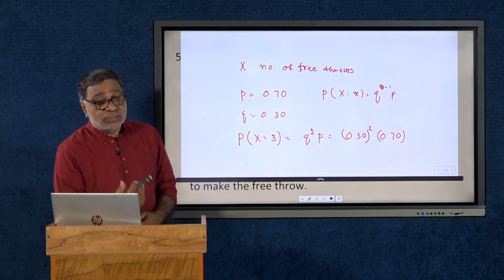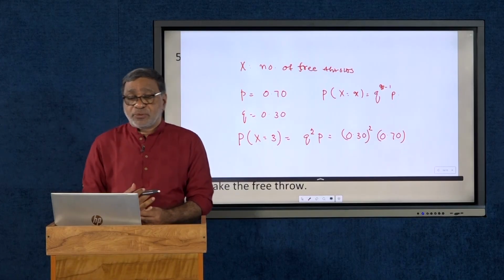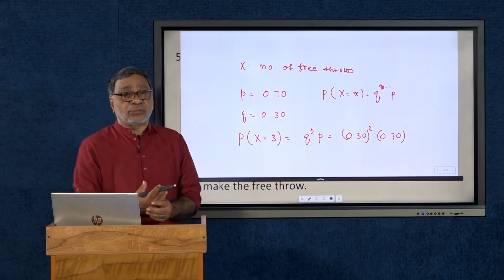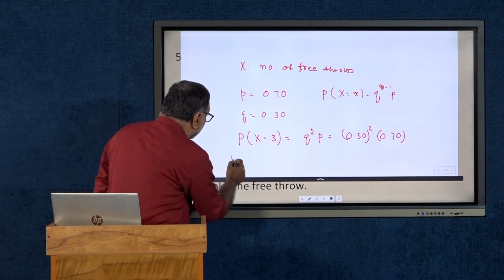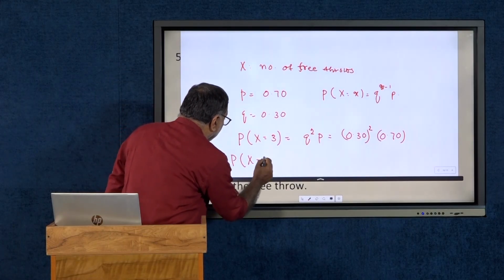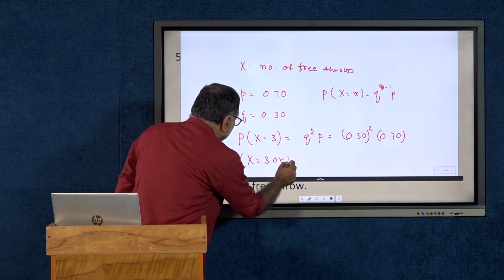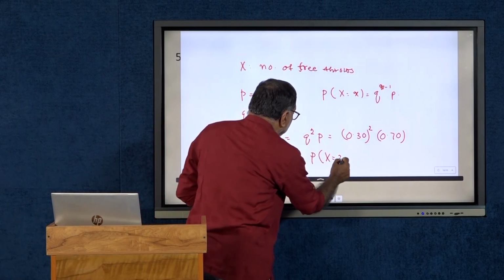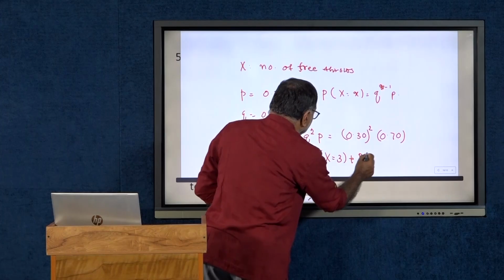And the question is, again, also find the probability that it takes 3 or 4 tries to make the free throw. So what is the probability? That is obtained by the probability of X equal to 3 plus the probability of X equal to 4.